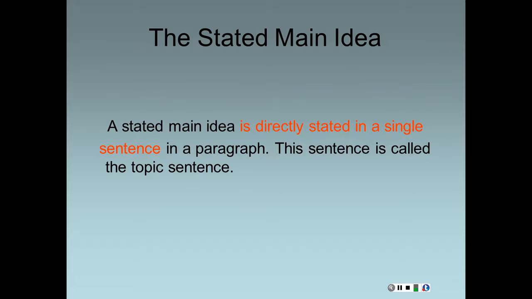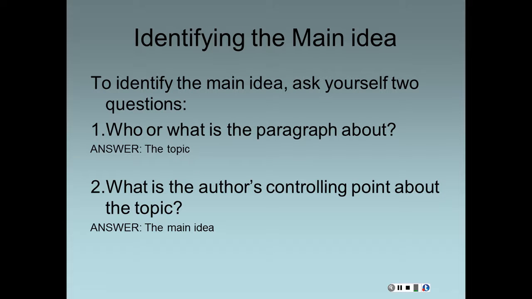The stated main idea. A stated main idea is directly stated in a single sentence in a paragraph. This sentence is called the topic sentence. Identifying the main idea. To identify the main idea, ask yourself 2 questions.